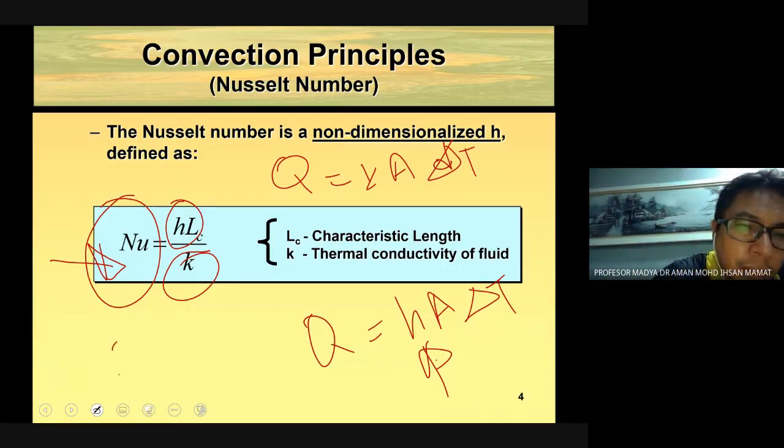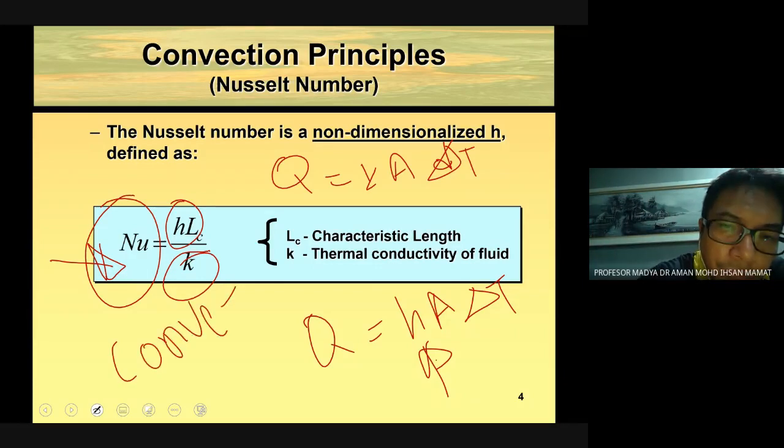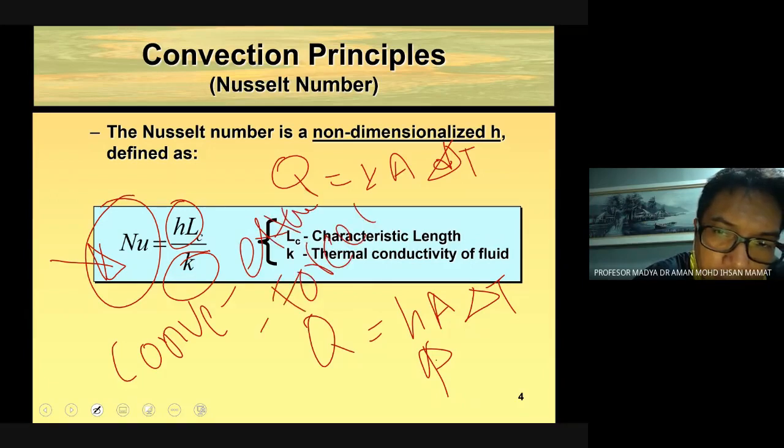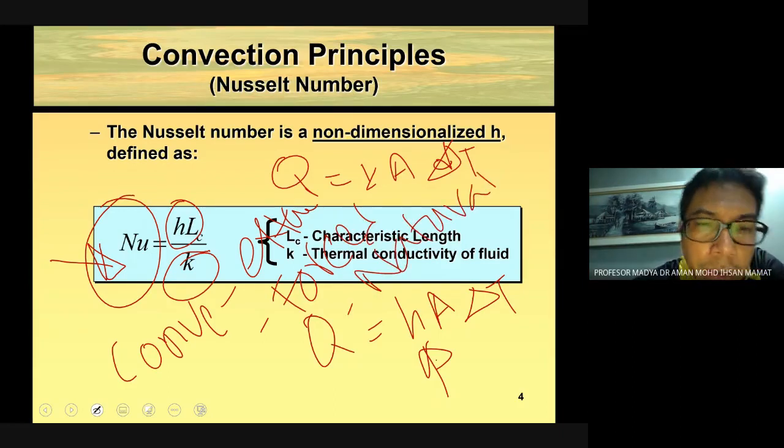with respect to the convection for external forced convection and natural convections. Okay, so if you go through this slide, this is the essence of this chapter, the development of the Nusselt number toward the natural and forced convections.